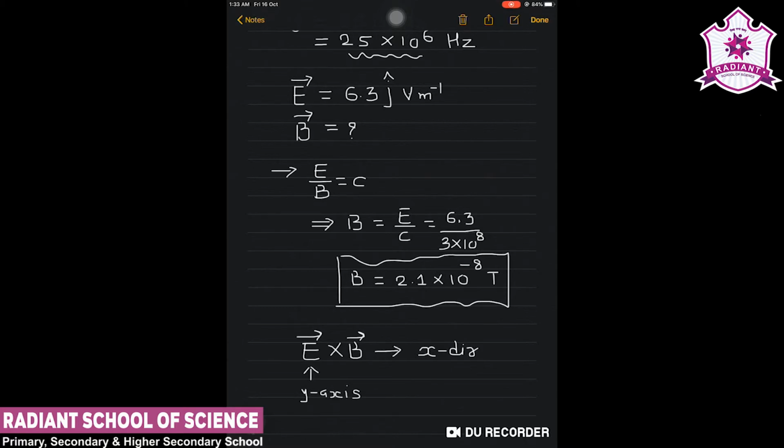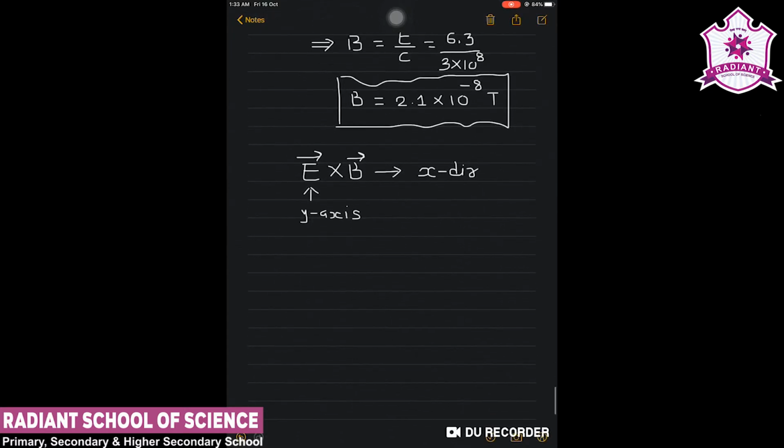So if we go with the normal routine of vector, that is i, j and k, we know that if we follow the anti-clockwise direction, the answer will be positive.